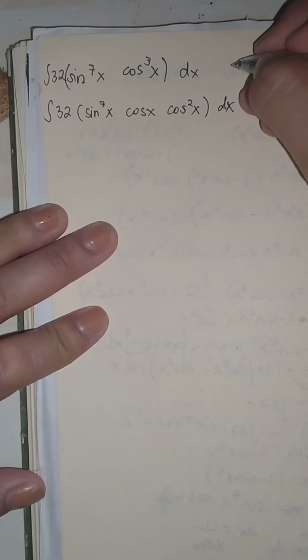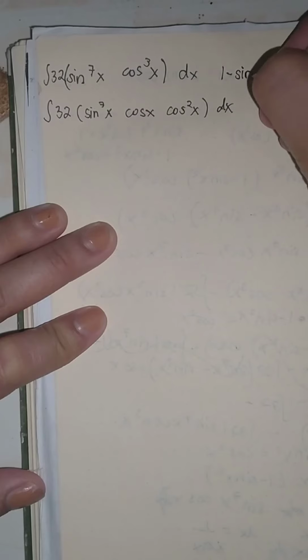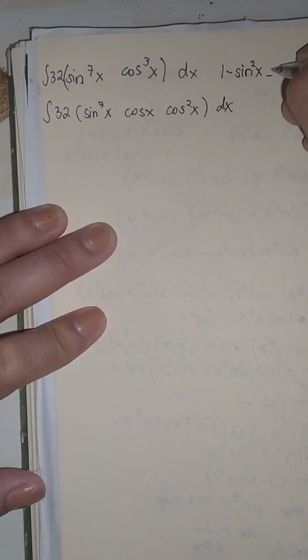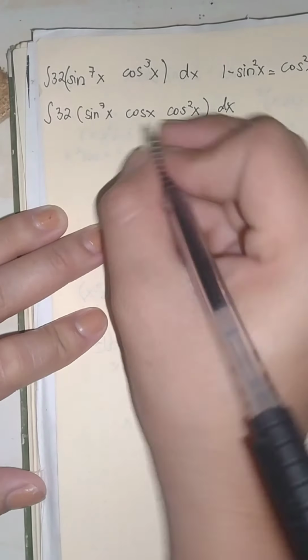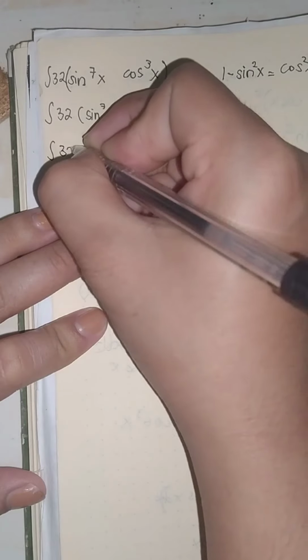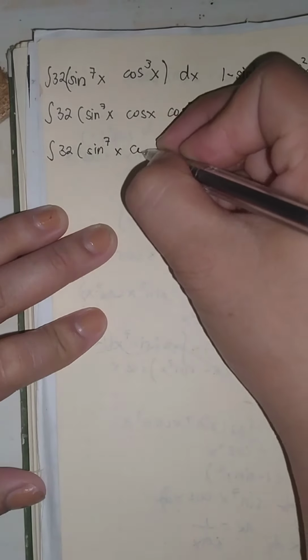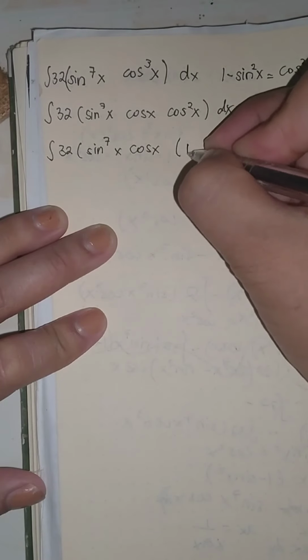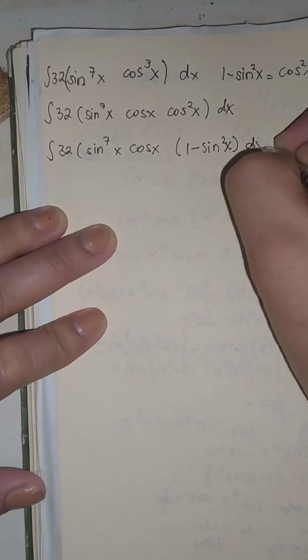We use the value 1 minus sine squared x is equal to cosine squared x. Substitute this value in this part. We have the integral of 32 sine 7 x cosine x, 1 minus sine squared x dx.